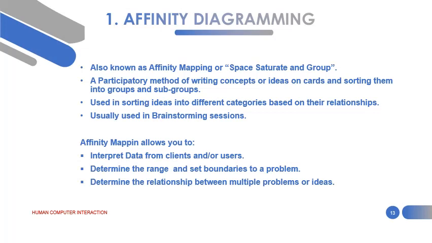So, as I said, when we watch movies and you see these detectives drawing conclusions from this diagram, they use the diagram actually to determine the relationship between the problem and the solution basically, and find ways of solving them. So it allows you to properly sort out data and interpret it well, to set boundaries and find the relationship between the problems or ideas involved.